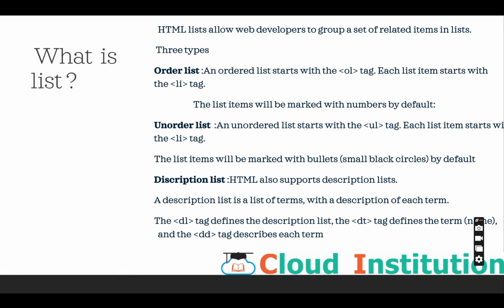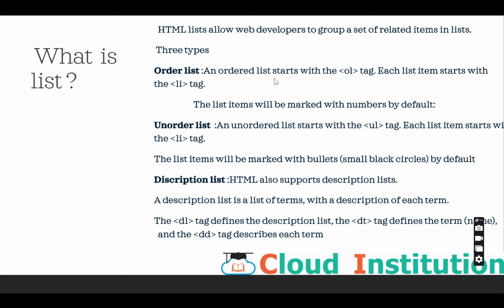There are three ways we can do it. One is the ordered list, another is the unordered list, and the third is the description list. So what is the ordered list? You can see it has an OL tag, and inside that OL tag there is another tag called the li tag, the list item tag, which helps us create the list.